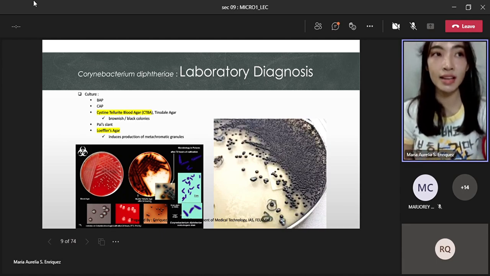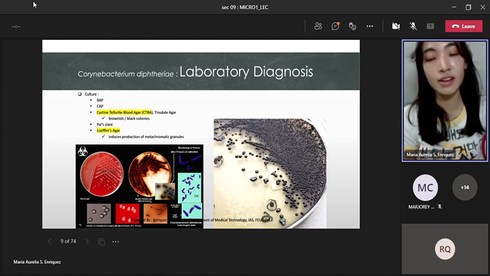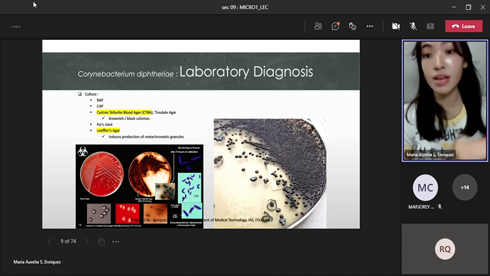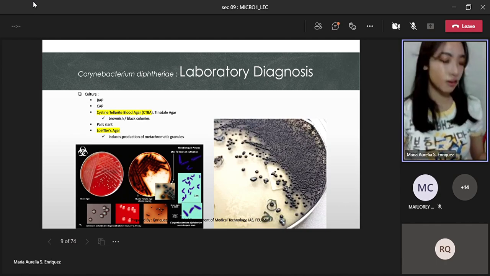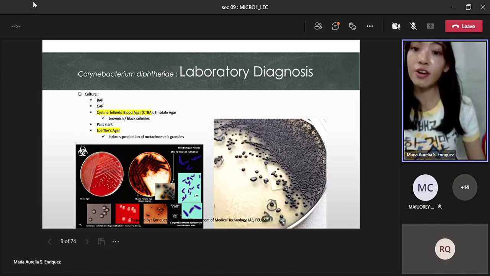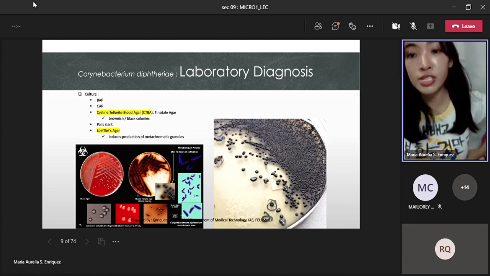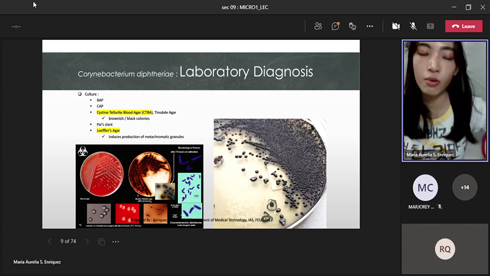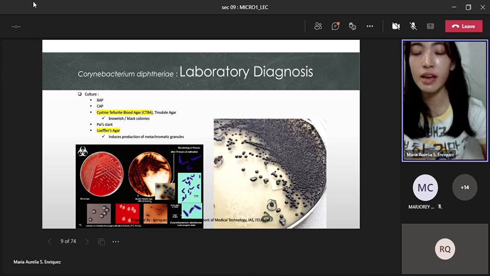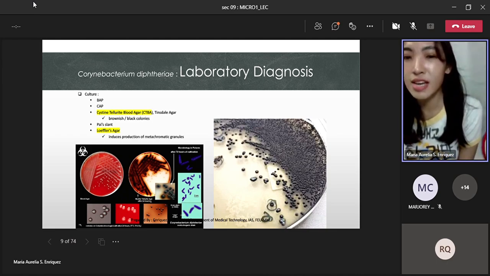Kaya po siya naging selective is because of potassium tellurite. Potassium tellurite inhibits the growth of many other non-coryneiform bacteria. So kahit na parehas silang Corynebacterium species, if they are non-coryneiform, may inhibit sila ng potassium tellurite doon sa culture media. And then, if the organism was able to grow on CTBA, they form black or brownish colonies.